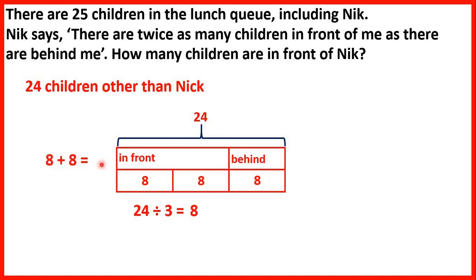And then we can see that in front of Nick, we have 8 plus 8. So that's 16. And then 8 children behind him. So that makes sense because 16 plus 8 is 24. And 16 is twice as many as 8. 2 times 8 is 16. So there are 16 children in front of Nick.